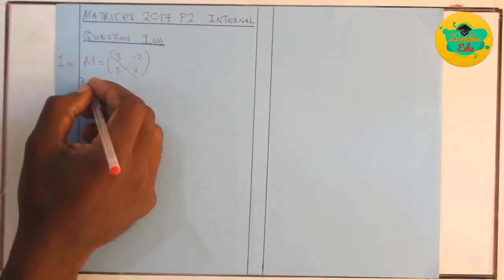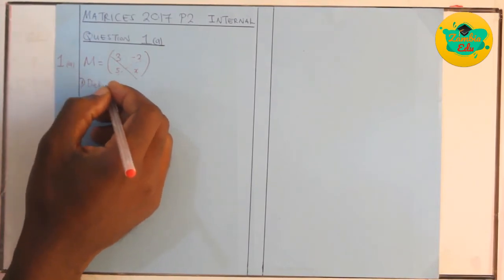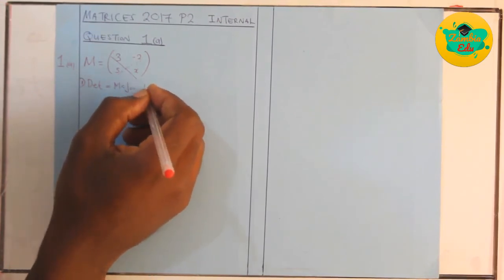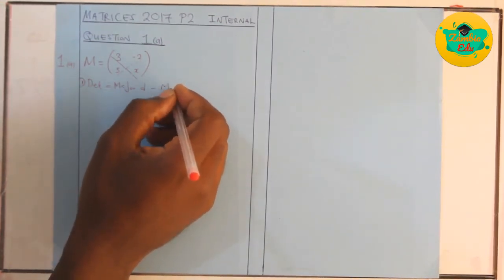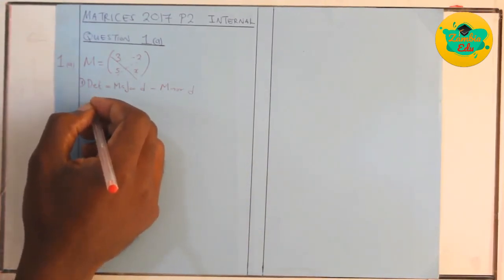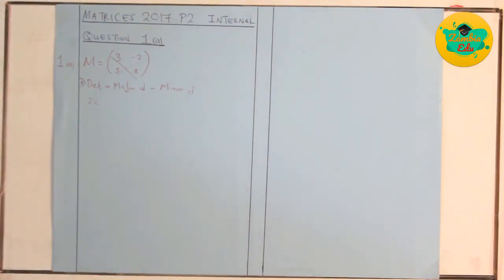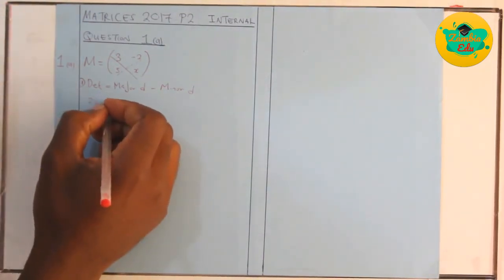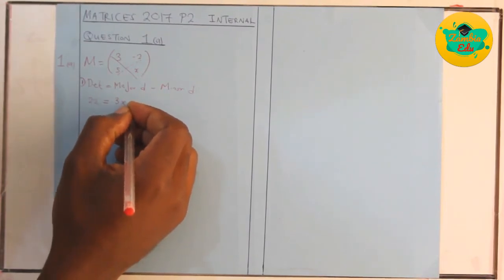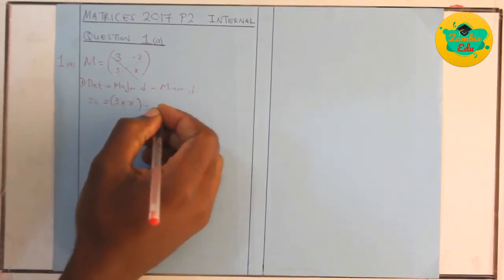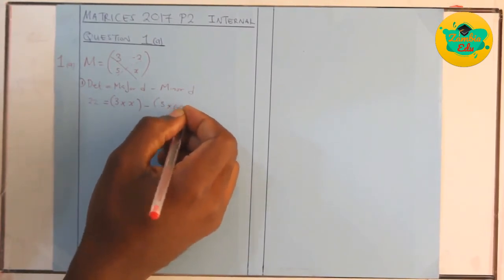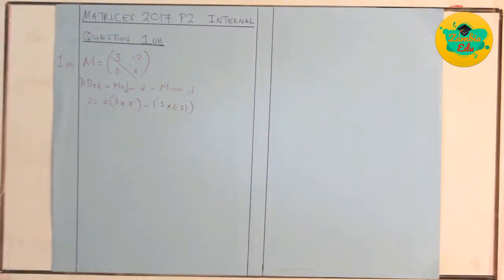So we start, our determinant is equal to major diagonal minus our minor diagonal, and we've been told the determinant is 22, which will be equal to multiply the values in the major diagonal minus values in the minor diagonal.